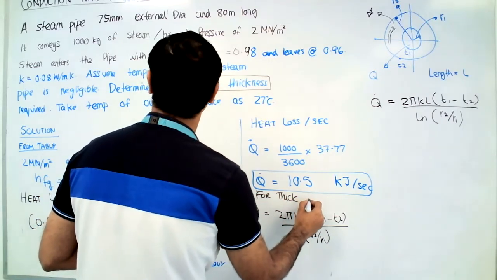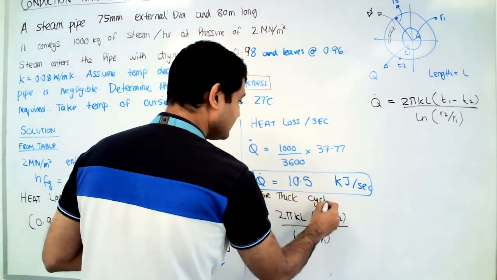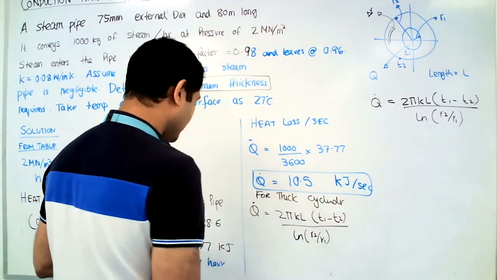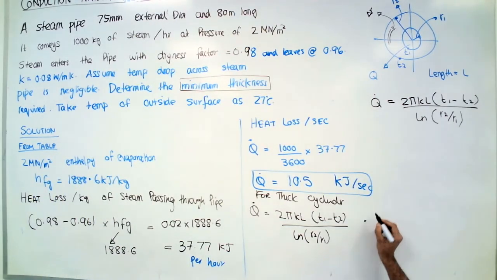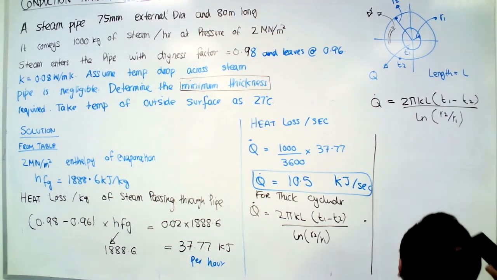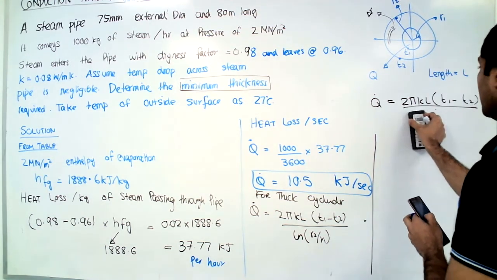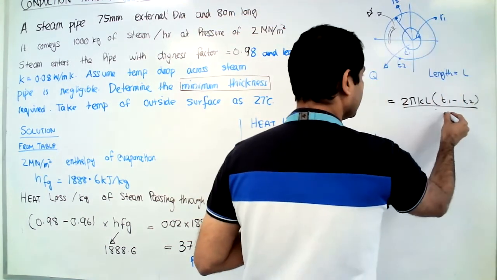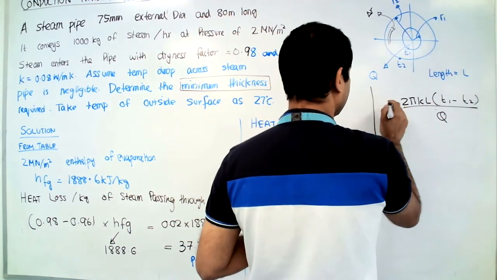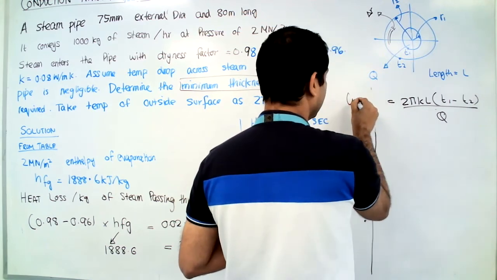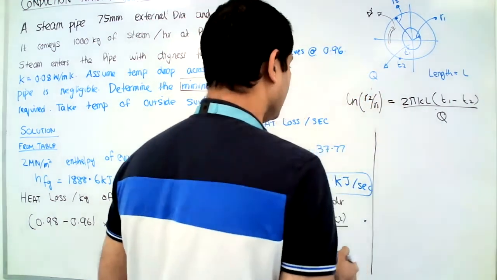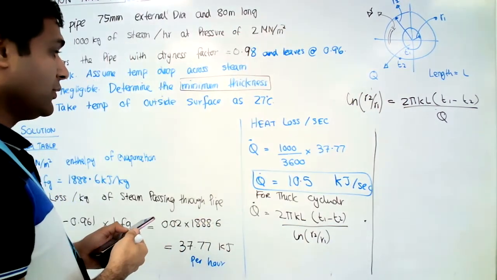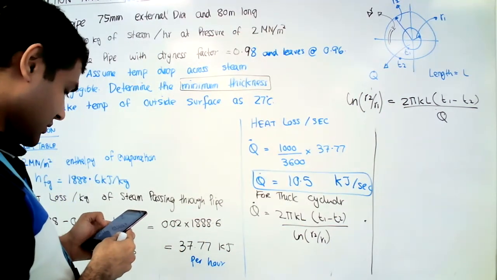So this is a thick pipe or thick cylinder. Now rearrange the formula. This goes here and this comes here. So the Q is here and this side is going to be ln R2 over R1. Now put in the values and we get the answer.